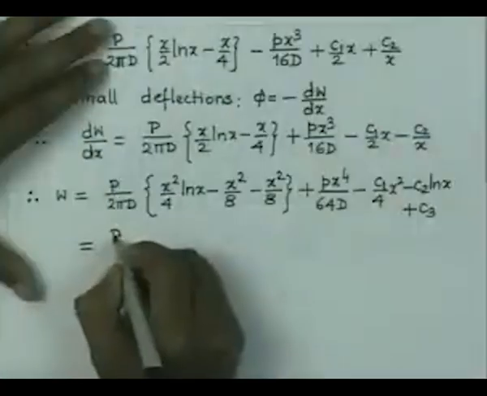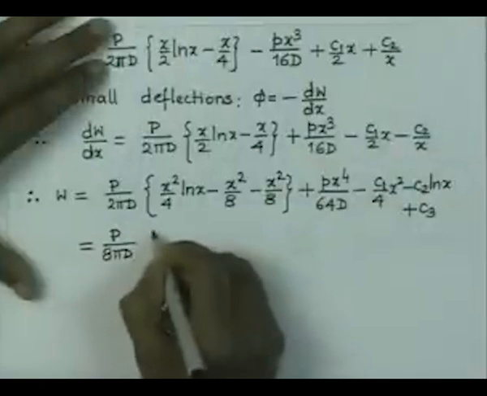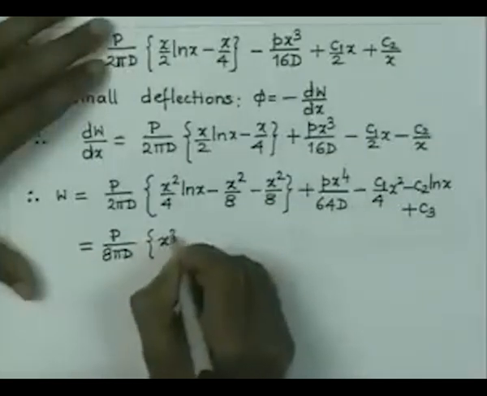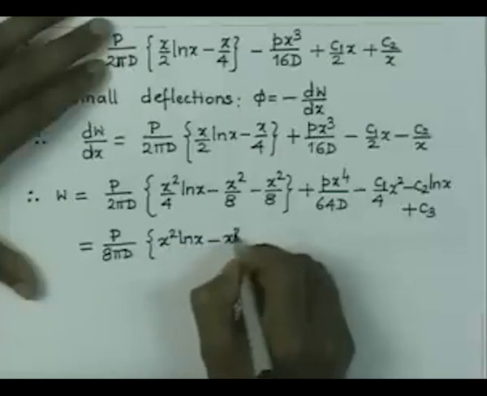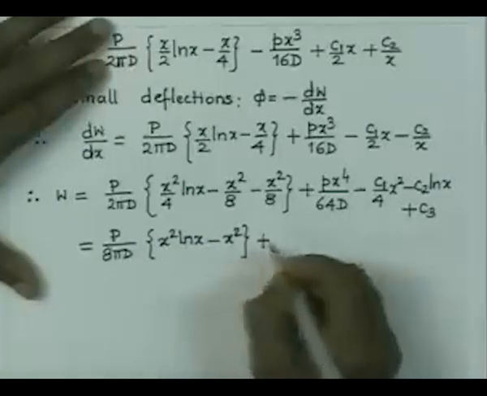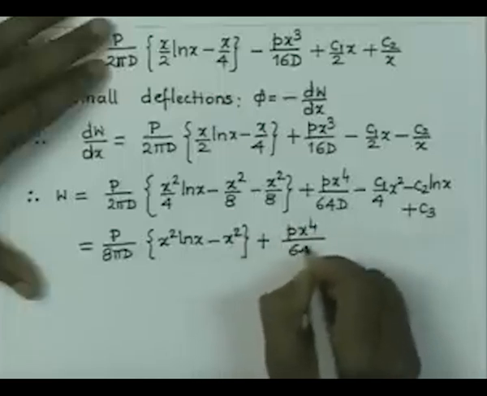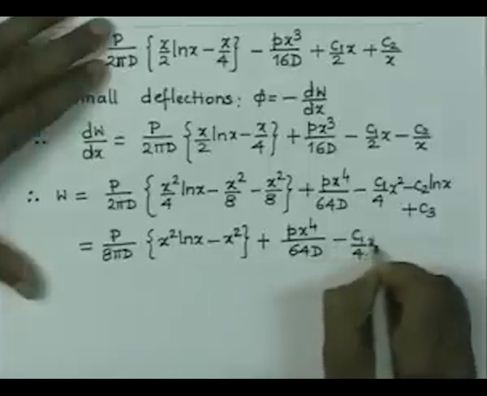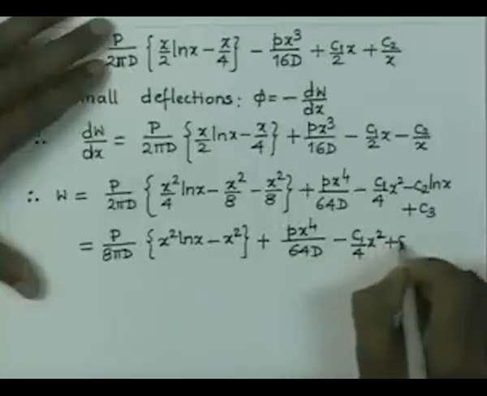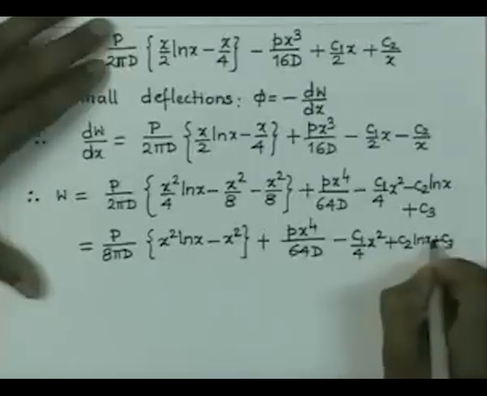So, if we now combine the similar terms, we have P by 8 pi D, x square ln x minus x square, P x4 by 64 D minus C1 by 4 x square, C2 ln x plus C3.